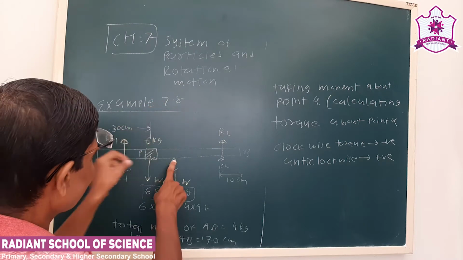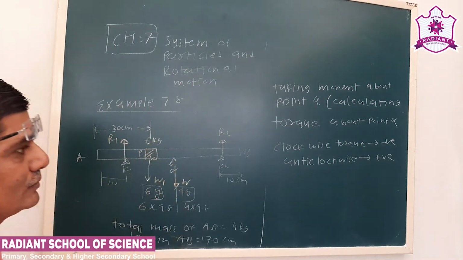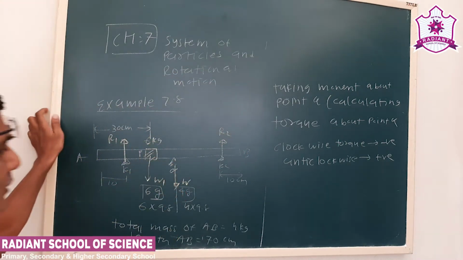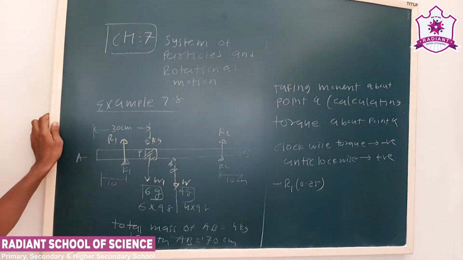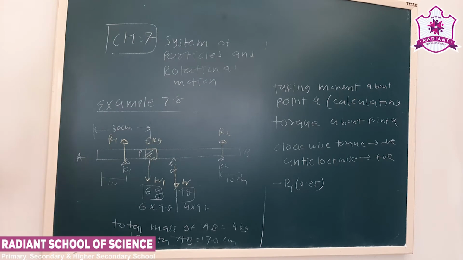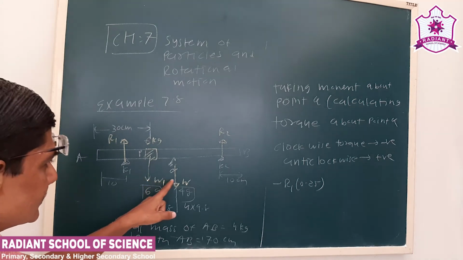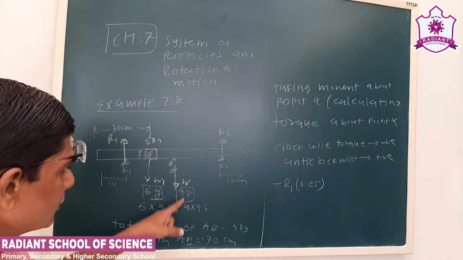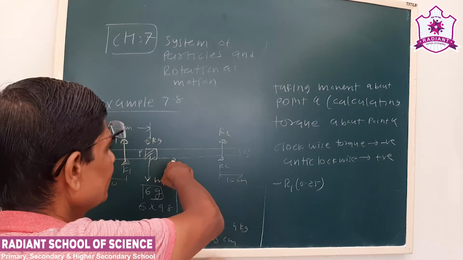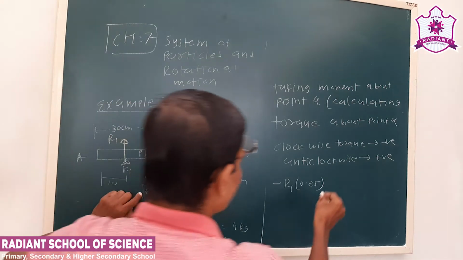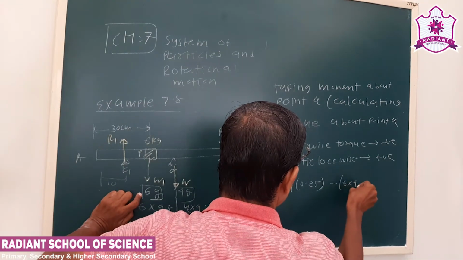This is our fulcrum. R1 will tend to move in the clockwise direction, which we consider negative. So it will be minus R1 into 0.25. Now the moment of W, that is 4g, about G will be 0, because the perpendicular distance is 0. This W1 will tend to move in the anticlockwise direction, 6 into 9.8.